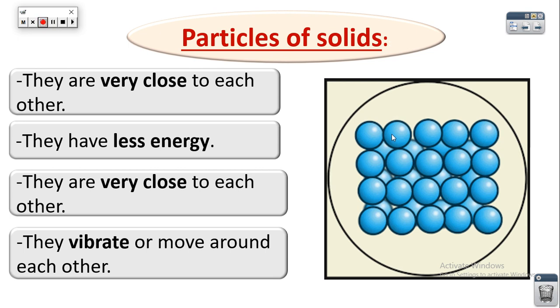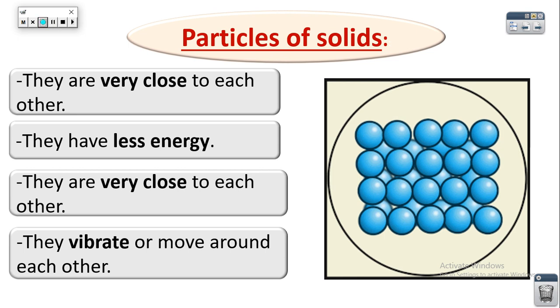So the particles don't move from one place to another, but just vibrate in their place or move around each other. They don't leave their place and go to another place. For example, this particle cannot go here. It's still in its place, but it just vibrates.